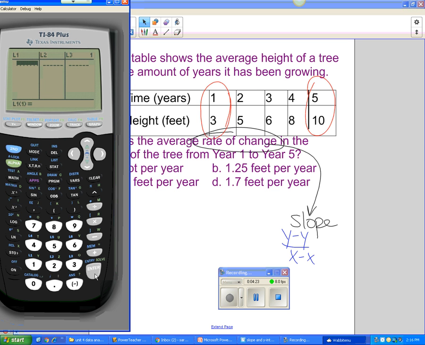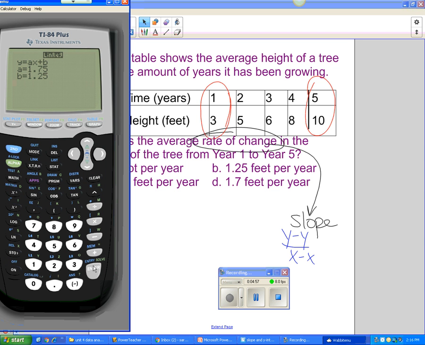So I'm putting in 1 and 5 in L1. And I'm putting in 3 and 10. Jacob King, that's a minute. 1 and 5 and 3 and 10. Those are the only numbers that I put in there. So then when I go to stat, over to calc, rate of change is the same thing as slope.